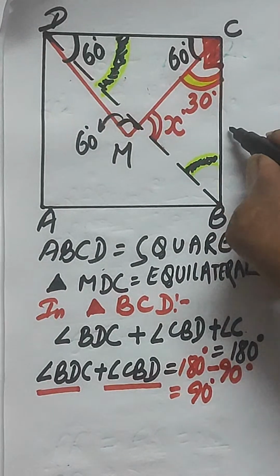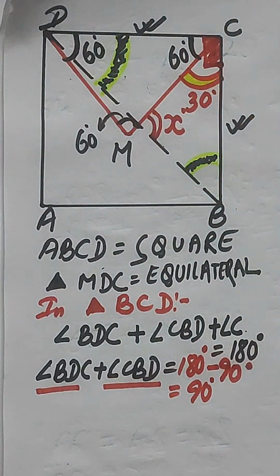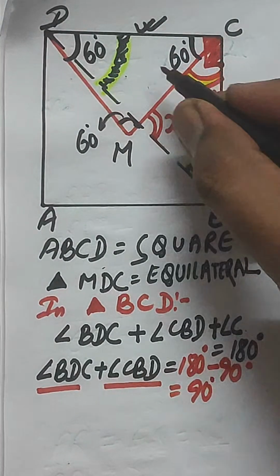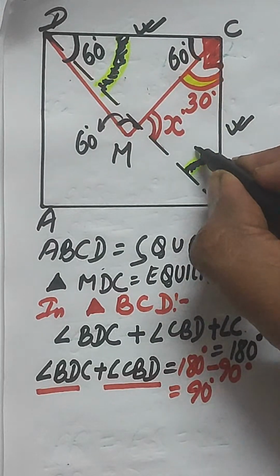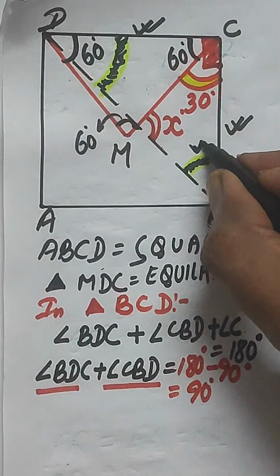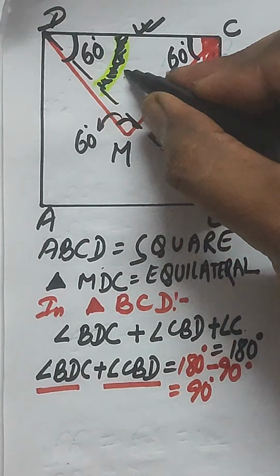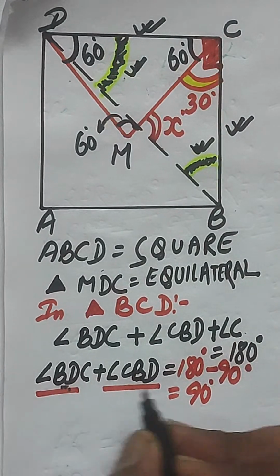But you can see BC is the side of a square and CD is the side of a square, and that's why the angles opposite to the equal sides of a triangle are always equal. So that's why this angle CBD will be equal to angle BDC, this one, and both of these angles are equal.